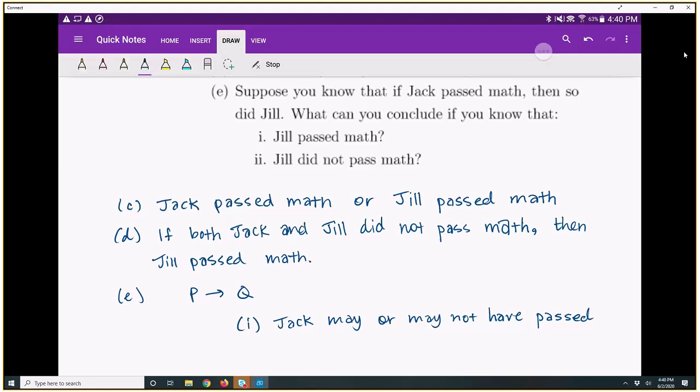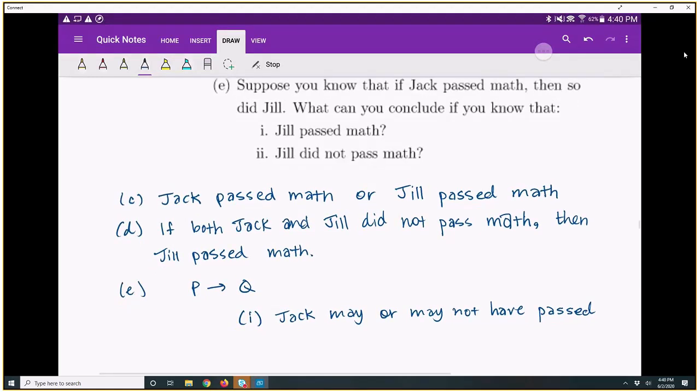Whereas if we know that Jill did not pass math, but the statement if Jack passed math, then so did Jill tells us that for sure if Jack passed math, then Jill was going to pass. So if Jill did not pass, then we know Jack did not pass.